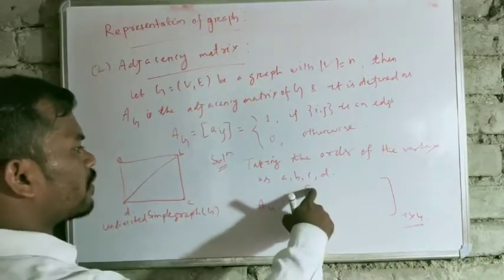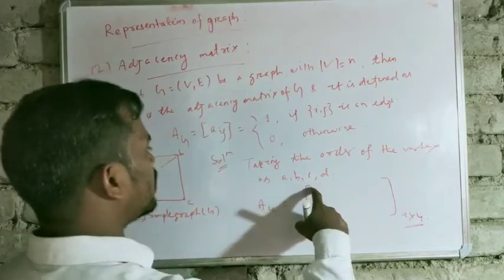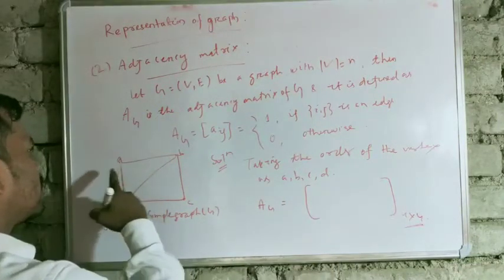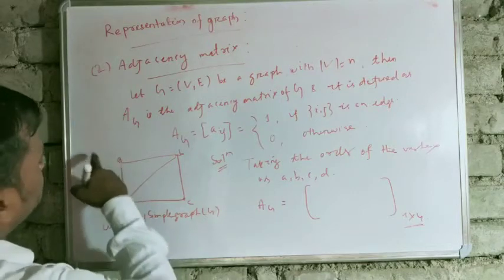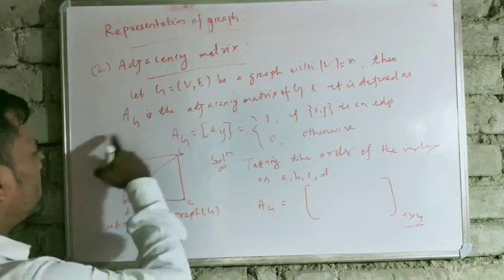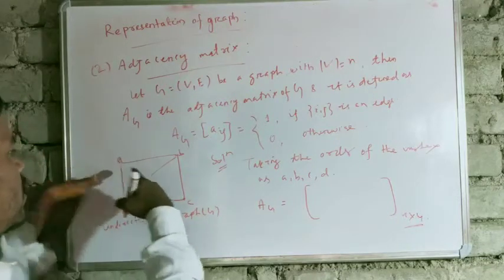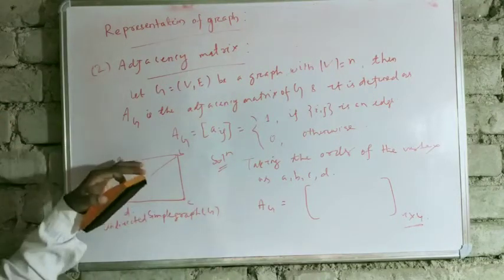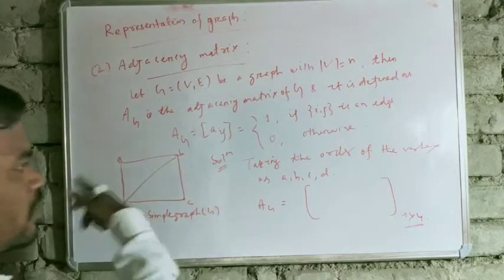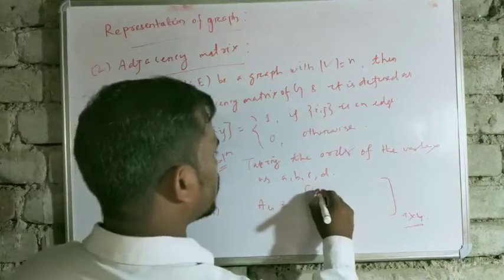So what will be your first entry? What is A11? Here the vertex A is not connected to A. If there is a loop, then we can say that A is connected to A, but there is no loop, so A is not connected to A. That means this entry is 0.